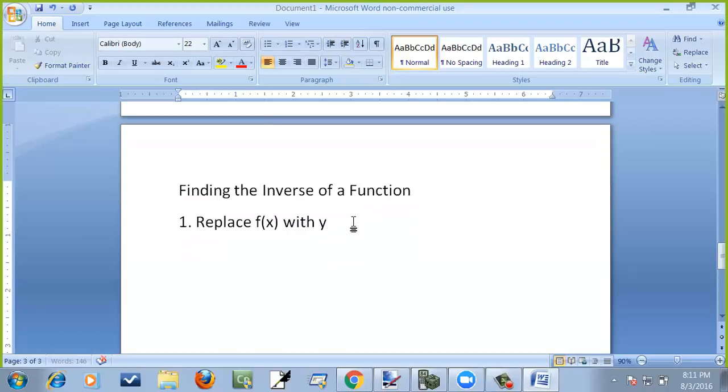Okay, step 2, interchange x and y. Swap them. Step 3, solve for y. Step 4, replace y with our inverse notation.